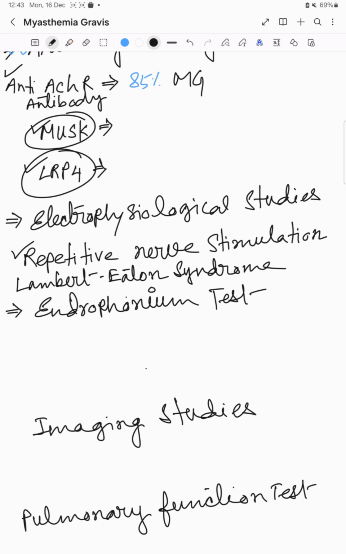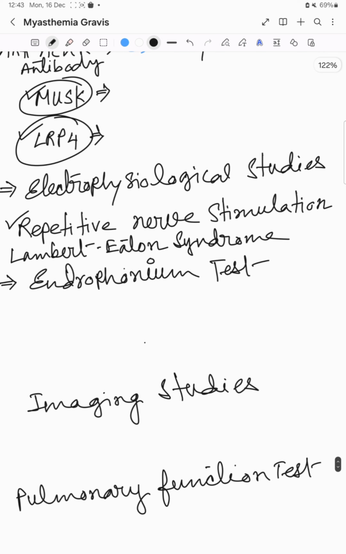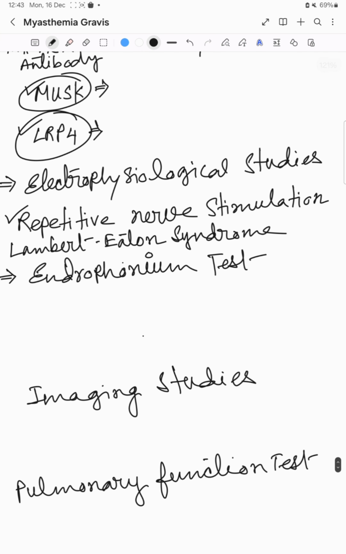This test is very important because there is a mild difference from another abnormality, Lambert-Eaton syndrome. This is another disease. I am not going to discuss it here, but it also correlates with myasthenia gravis. So repetitive nerve stimulation is a very good diagnostic test for myasthenia gravis.